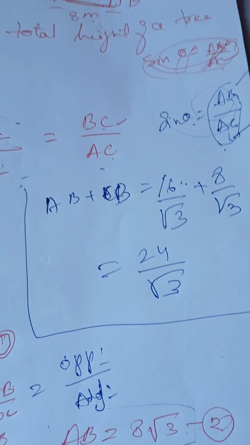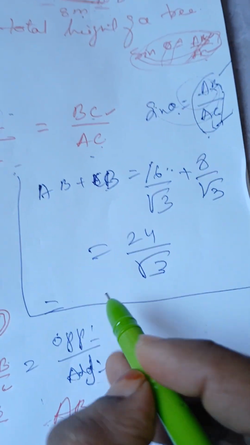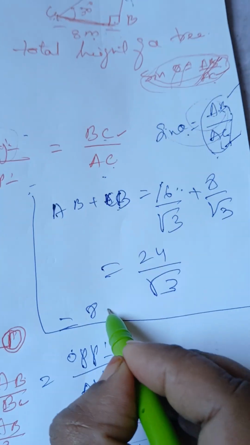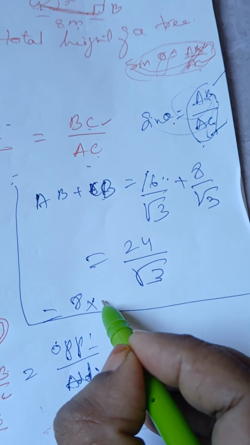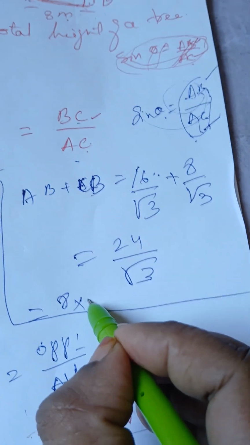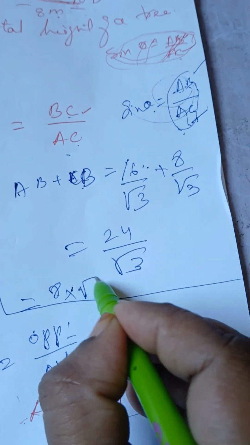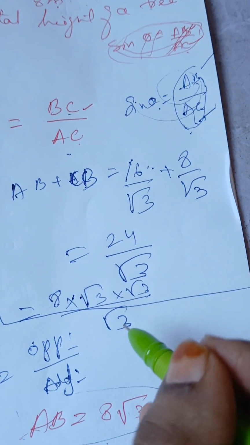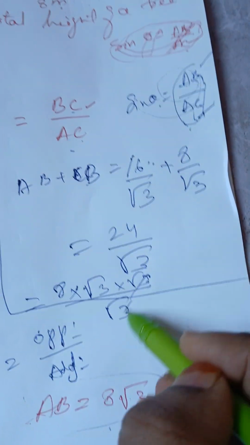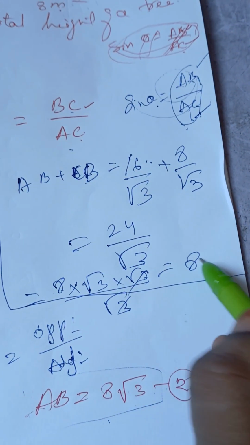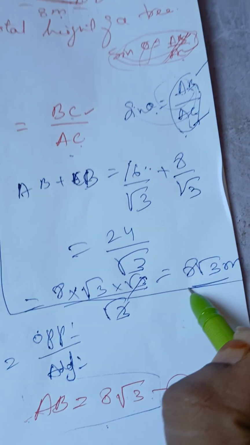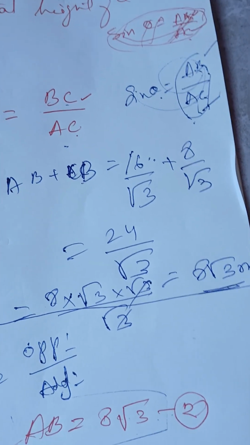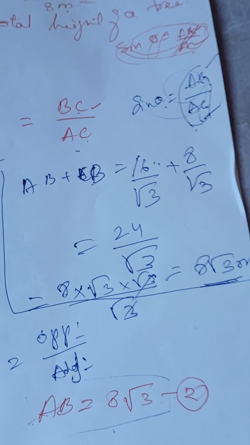We can write 24 as 8 into 3, and 3 can be written in root form as root 3 into root 3, divided by root 3. So root 3 cancels, and we get 8 root 3 meters as our answer.